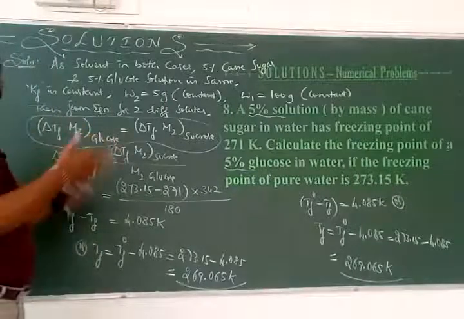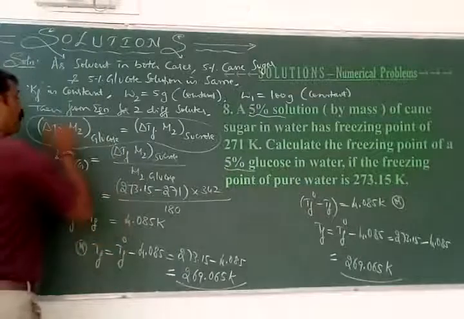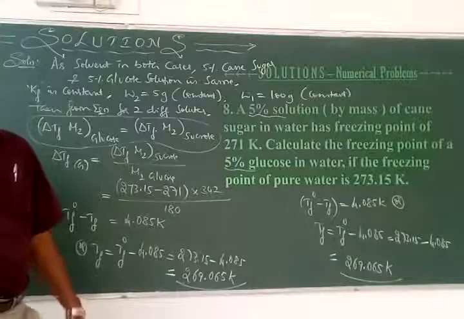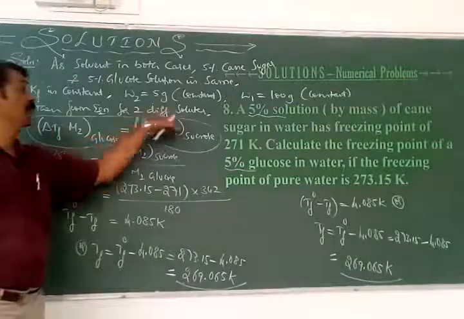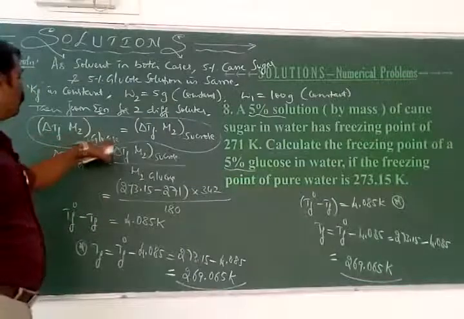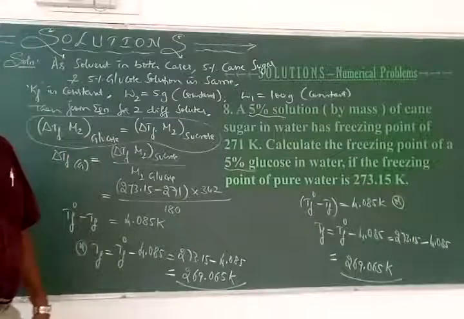Therefore, by equating those two, cancelling 1000 Kf W1 W2, I am left with only delta Tf into molecular mass is always equal to constant. But considering two different solutes, delta Tf into M2 with respect to glucose is equal to delta Tf into M2 with respect to the second solute, that is called sucrose.